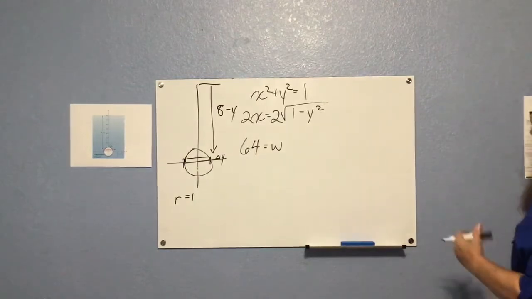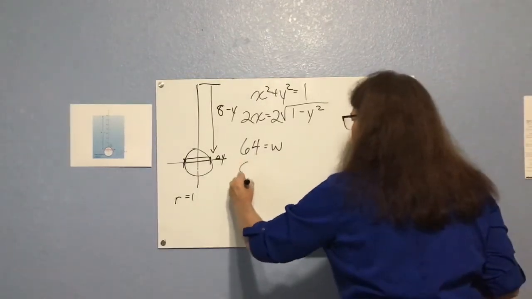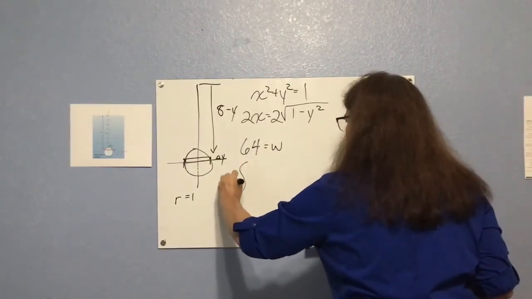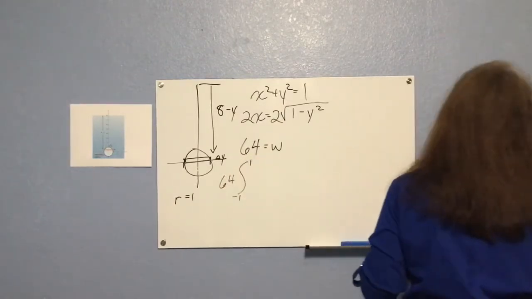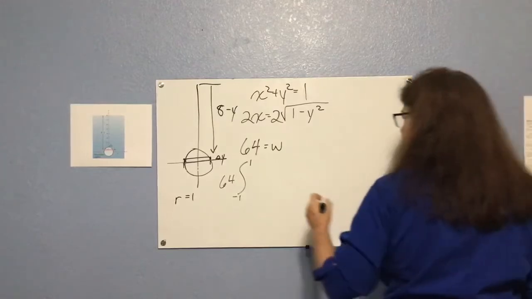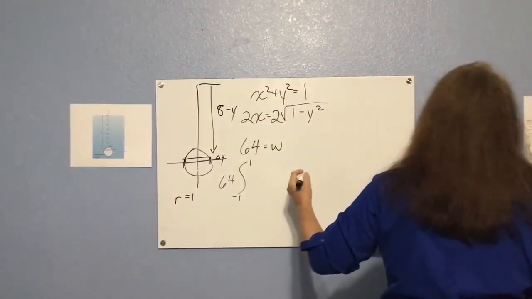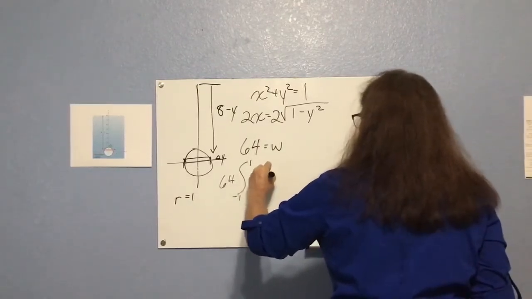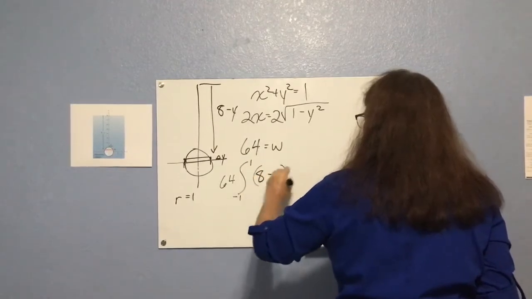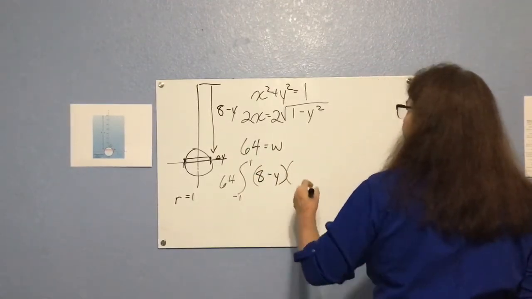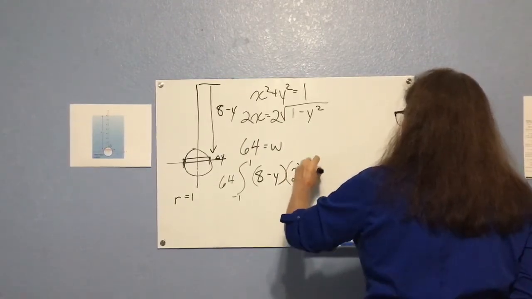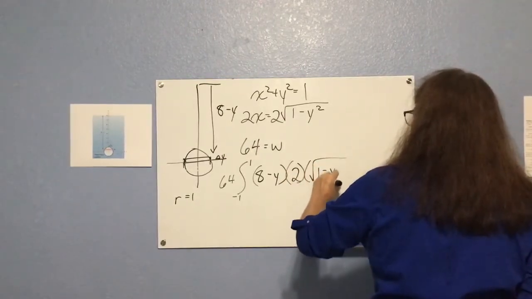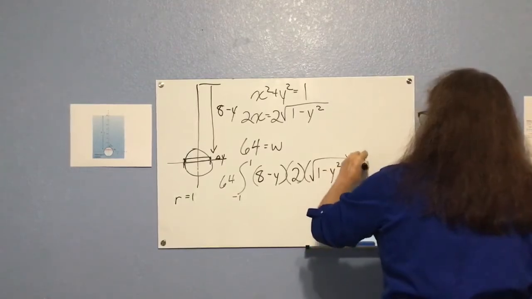So let's set up our integral now. Start with 64, and we're integrating from negative 1 to positive 1. And then our h of y was 8 minus y. And L of y is going to be 2 times the square root of 1 minus y squared dy.